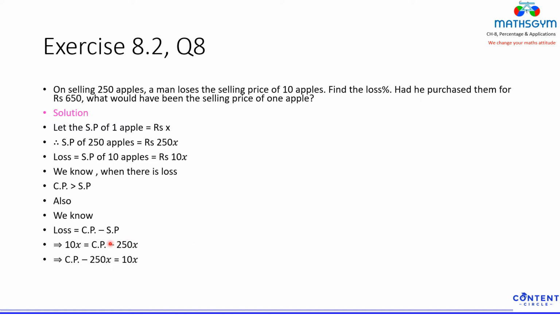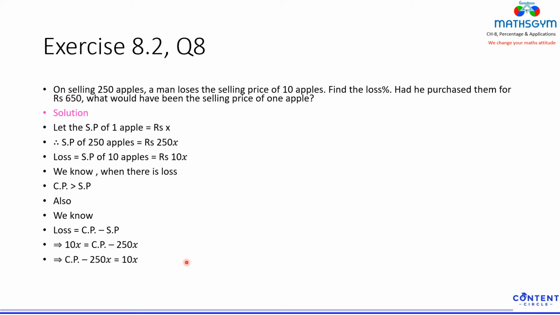When I say flip the side, you are simultaneously shifting the left hand side to right hand side, or right hand side to left hand side. So on the right hand side, in the previous step we had CP minus 250x, we pushed it to left hand side, and LHS was 10x, we took it to RHS. So the equation remains same, only the sides have changed.